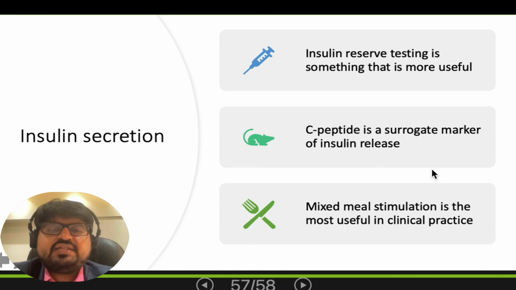It's a very useful test for patients with ketosis-prone diabetes, where you cannot differentiate between type 1 and type 2, and you want to take a call whether to treat this patient for a long time on basal bolus insulin or an insulin pump, versus treating the patient on basal plus OAD or OADs alone. So this is where these tests could be really useful.